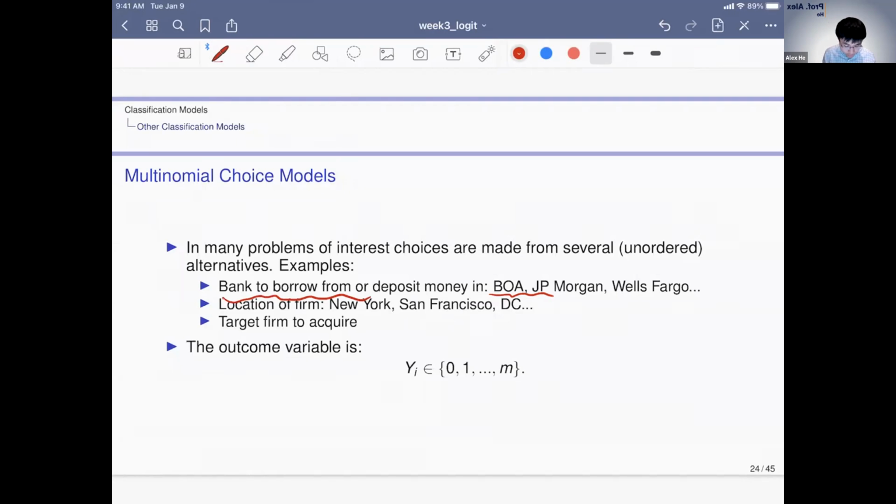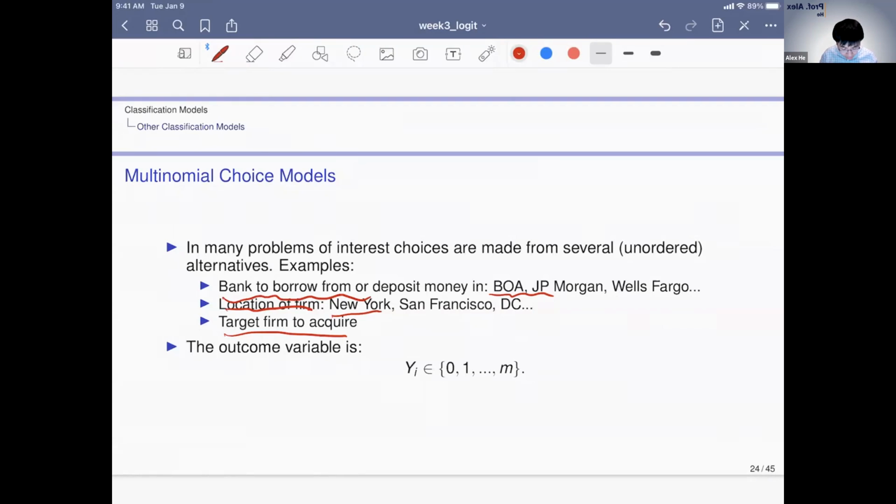For example, the location where a firm decides to locate can be New York State, California, DC, etc. And a firm choosing which target firm to acquire would be another category. Or when you're choosing which Master of Finance program to attend, you have several schools, and each school is a category. Okay.